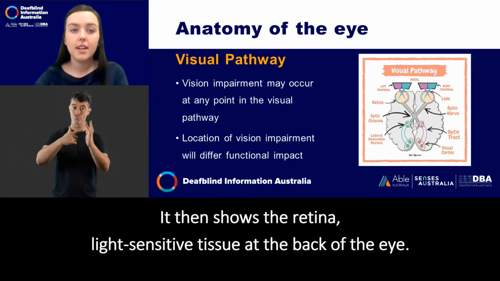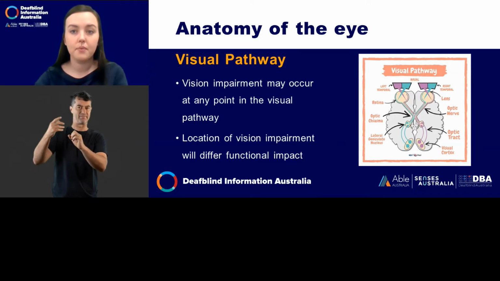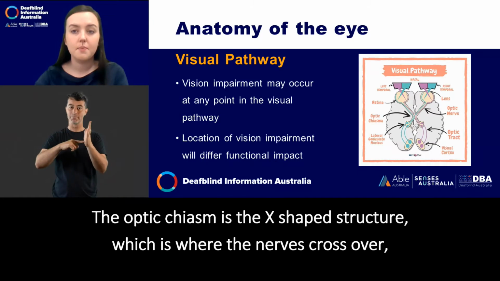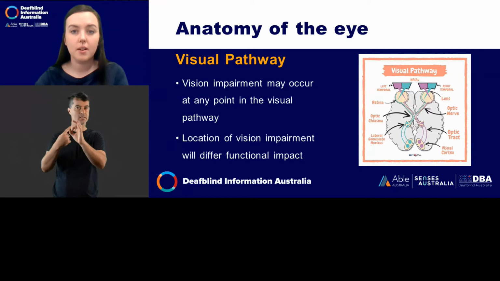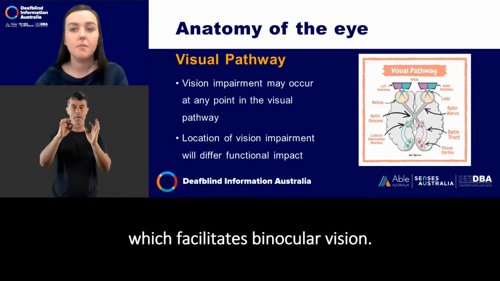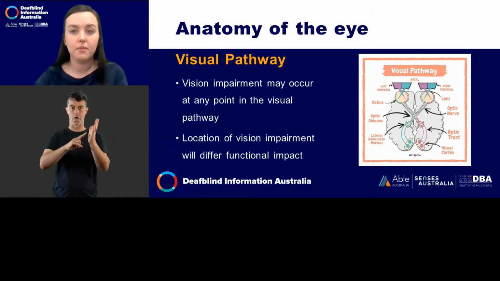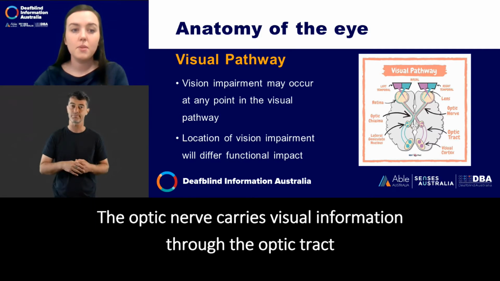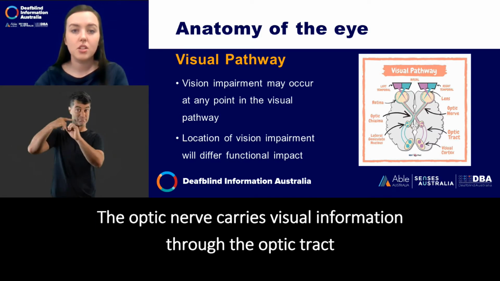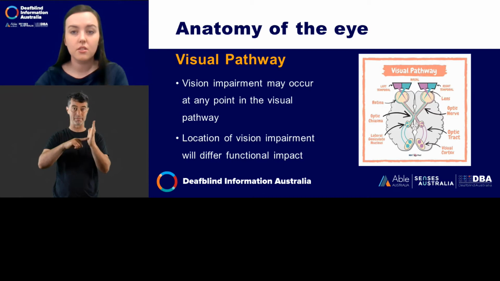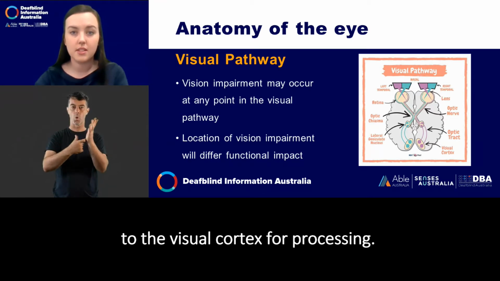It then shows the retina, light-sensitive tissue at the back of the eye. The optic chiasm is the X-shaped structure, which is where the nerves cross over, which facilitates binocular vision. The optic nerve carries visual information through the optic tract to the visual cortex for processing.